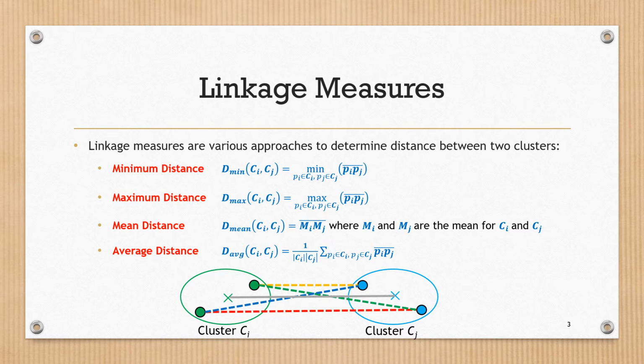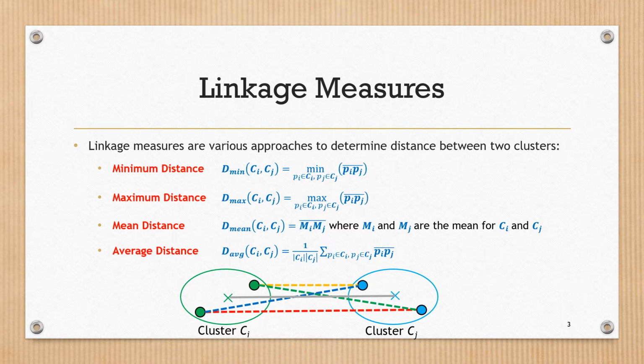As aforementioned, linkage measures are various approaches to determine distance between two clusters. Assume we have two clusters Ci and Cj as shown in the green and blue oval shapes.